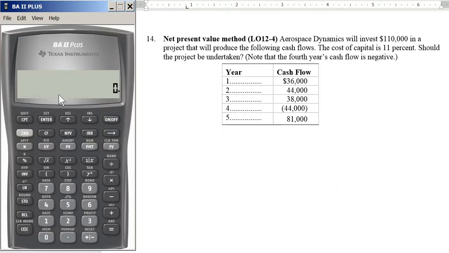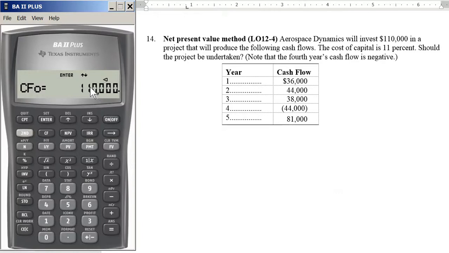So let's go to the calculator, and the buttons that we'll use are the CF, NPV, and IRR. CF for cash flows. So that's where we'll start. I see here that I've been playing around with it, and I have numbers in here from something previous.